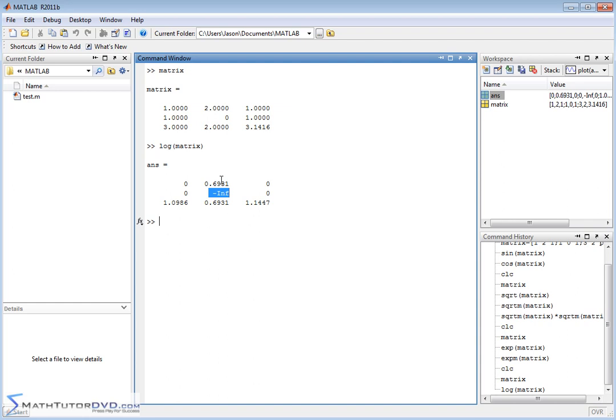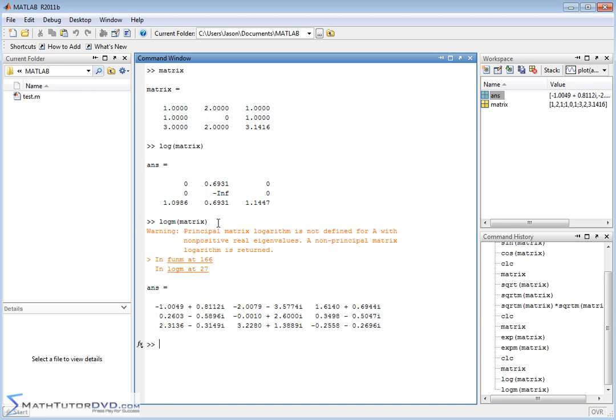But if you have a need to calculate the log of this matrix, not element by element but as a mathematical entity, there's a definition for that, that mathematicians have figured out. Then you have another function called logm. That's the matrix logarithm. And it's giving you a warning, letting you know some things about eigenvalues.